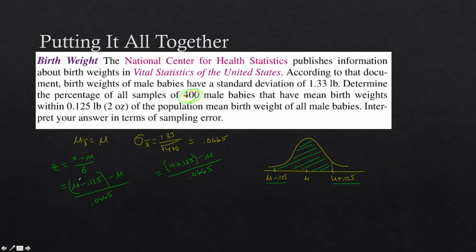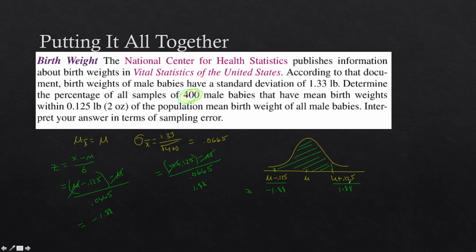Notice, the mu terms cancel each other out. You should get a negative 1.88 for this z-score and a 1.88 for this one. So what you need to do is find the area under the curve between those two z-scores.